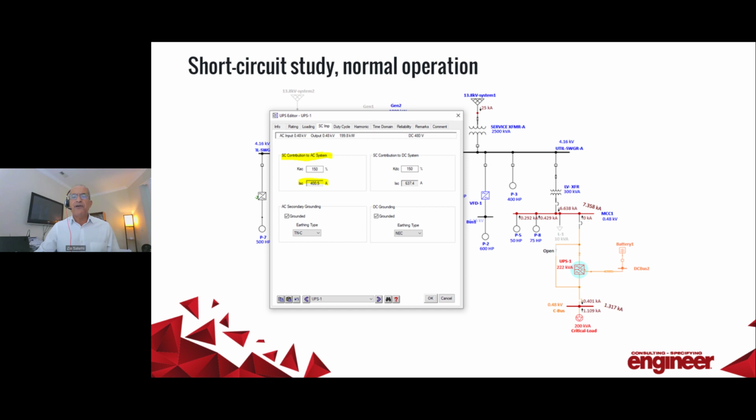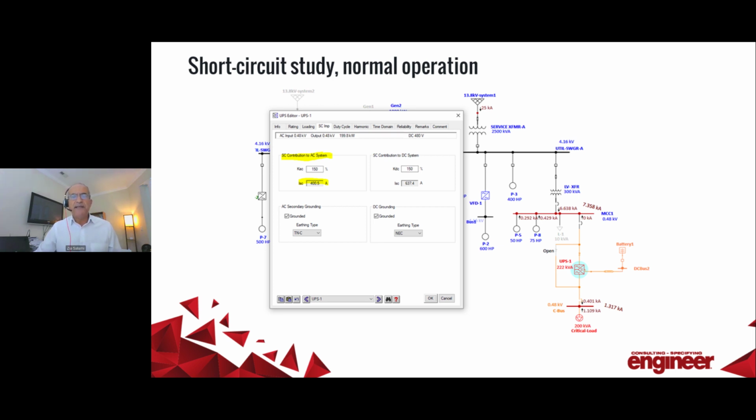As you see here, the output of the inverter is only injecting 400 amps to this panel, where the critical load is located. Another characteristic is that the UPS feeds back 0 amps to the system.